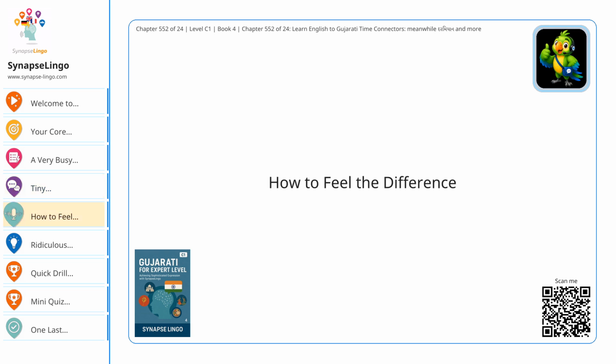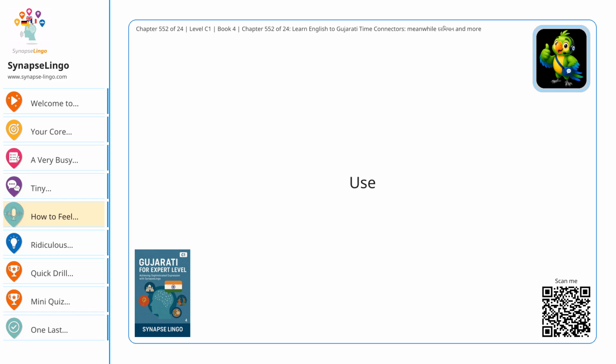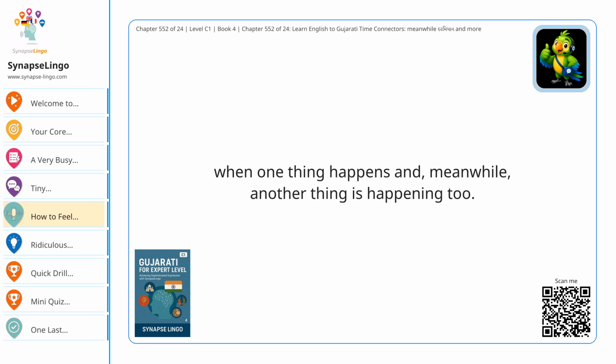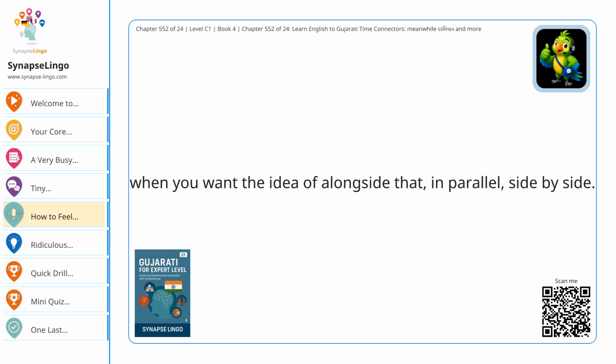How to feel the difference. Now let's make the meanings extra clear. This is the part where confusion leaves the room and clarity sits down with tea. Use દરમિયાન when one thing happens and, meanwhile, another thing is happening too. Use તેની સાથે સાથે when you want the idea of alongside that, in parallel, side by side.